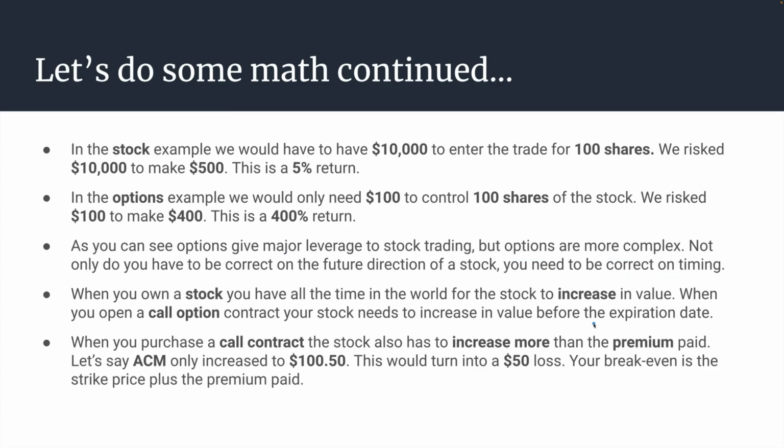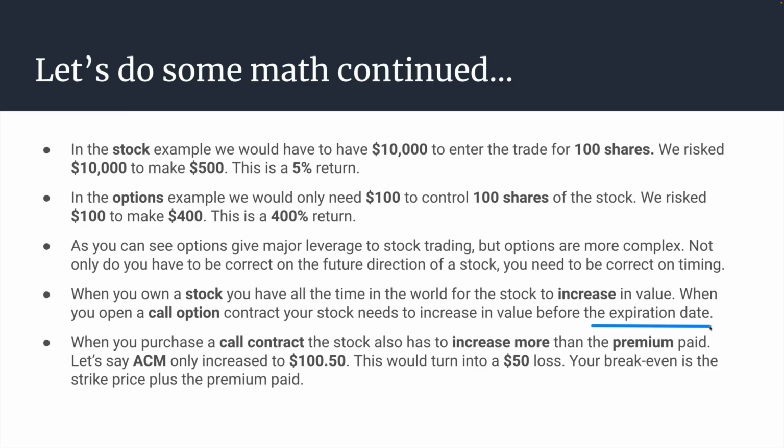As I just mentioned, the main complexity is making sure that the direction of the stock matches before expiration. That's a key concept when trading options. The expiration is your friend and is also your worst enemy when trading options contracts. And we'll learn a lot more about how expiration is your friend when we start getting into selling options.